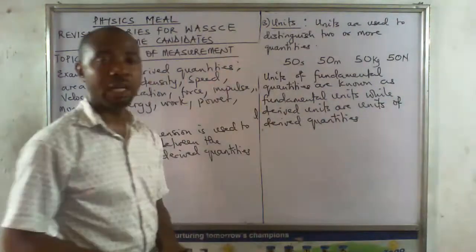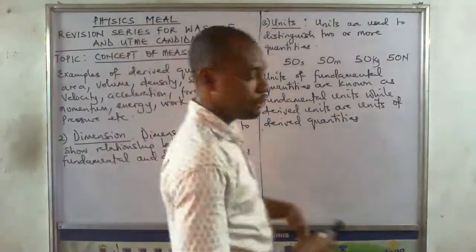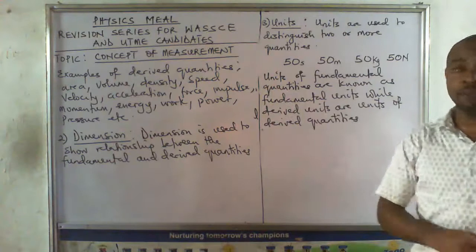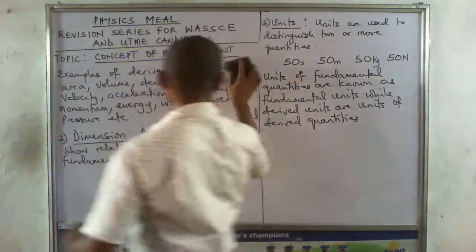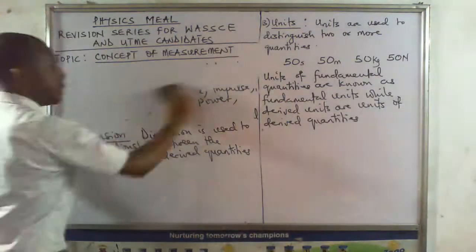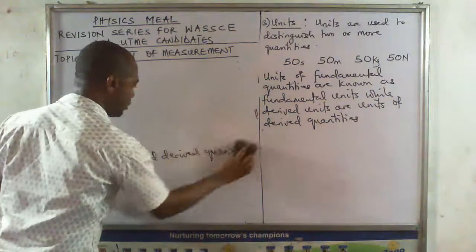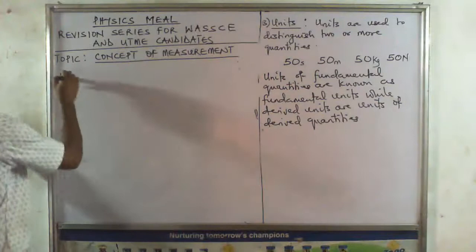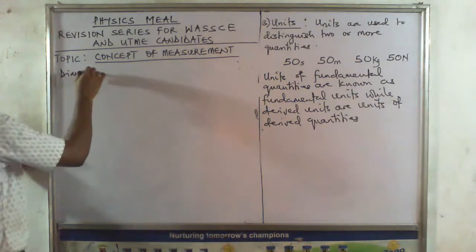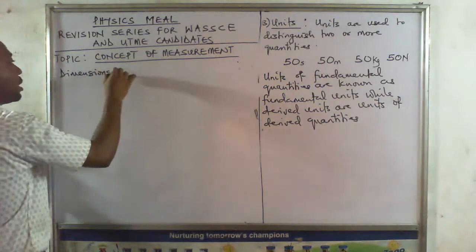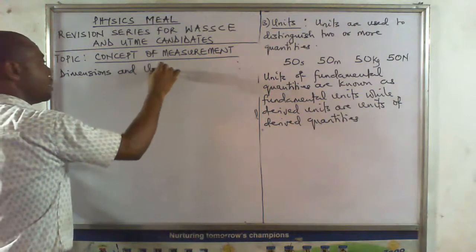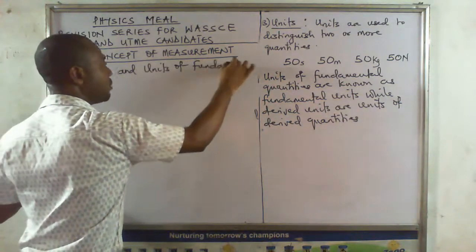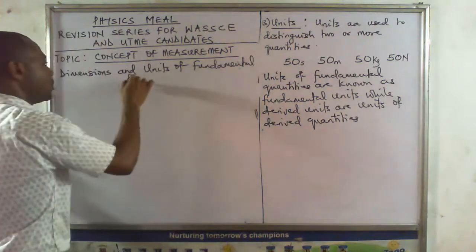So quickly, we're going to look at the dimension and units of fundamental quantities in a tabular form. So let's look at that quickly before we begin to summarize the first part of this. So dimension and units of fundamental quantities.